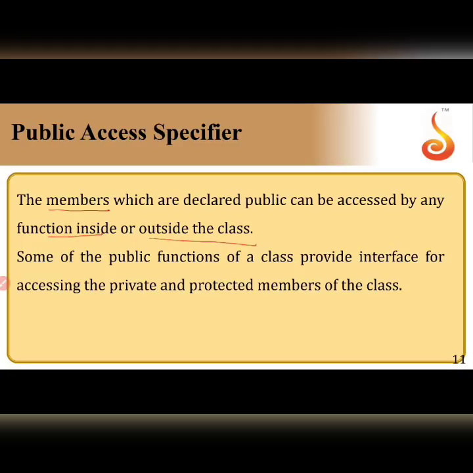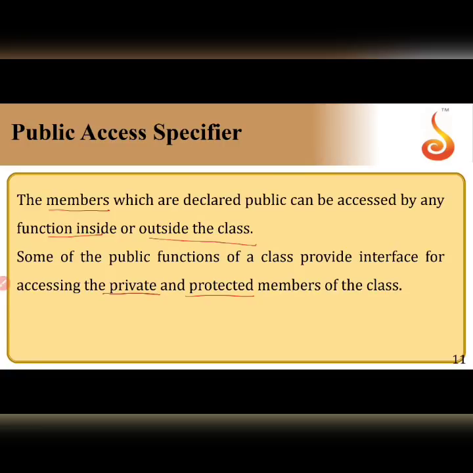It is accessible everywhere. Some of the public functions of the class provide an interface for accessing private and protected data members. What do you mean by that? In the last example, we saw how using display I could access x and y as well as getdata.